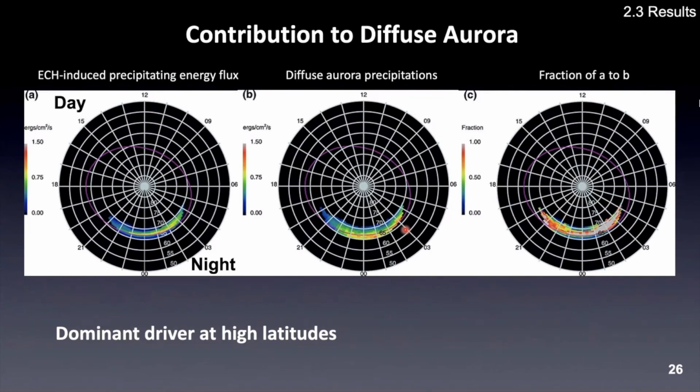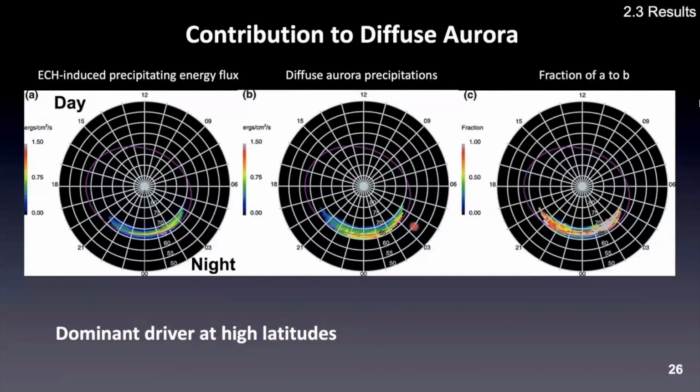What they do is parameterize the intensity of diffuse aurora in each of these locations, basically each of these bins, with solar wind inputs. They have a so-called solar wind coupling function to parameterize the intensity of this precipitation in each of these locations. So then they give a more empirical relationship, but it's based on statistics.